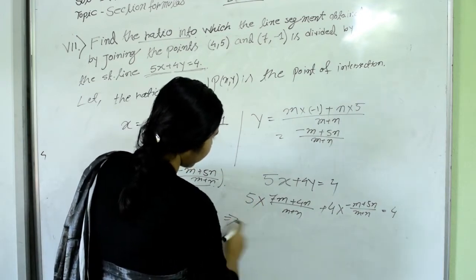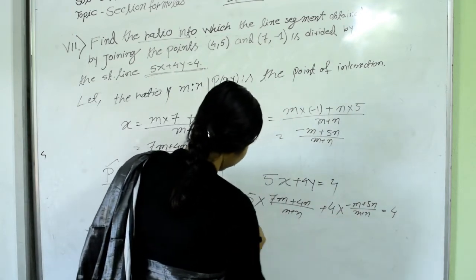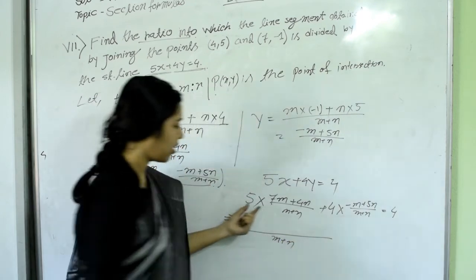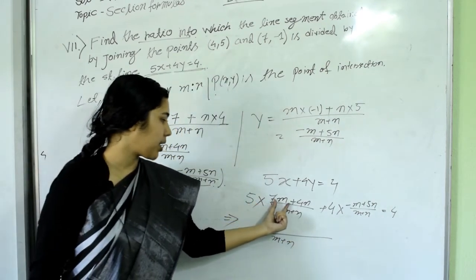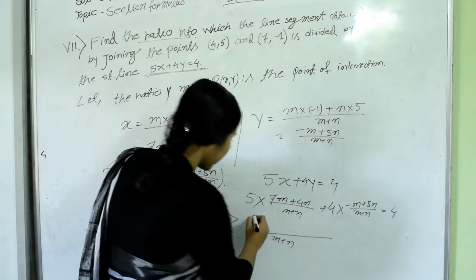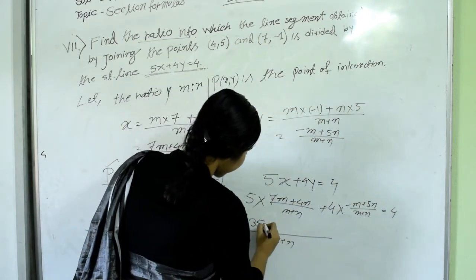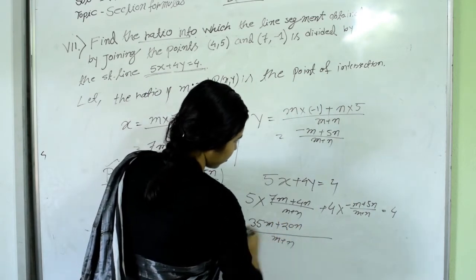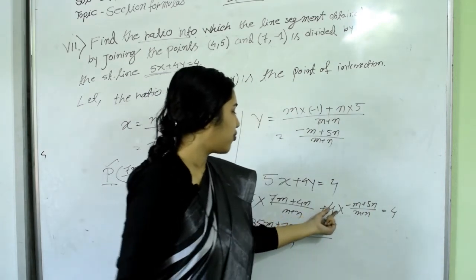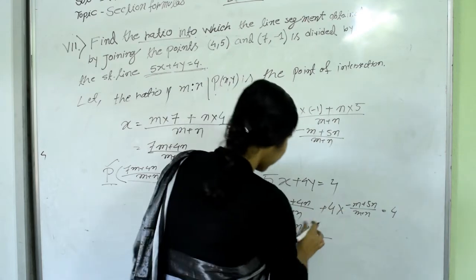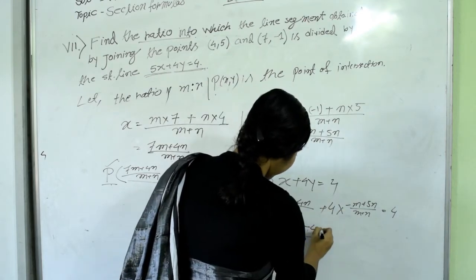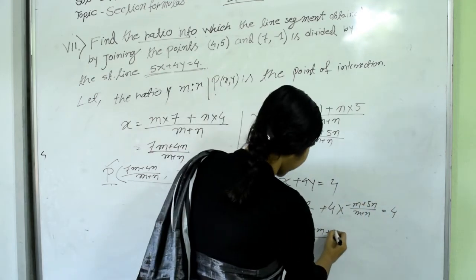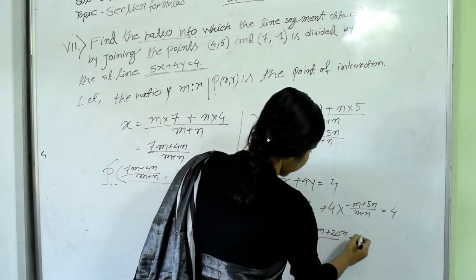Here we have m + n in the denominator, so multiply by m + n, and multiply 5 with 7m + 4n. So 5 7s are 35m plus 5 4s are 20n, plus 4 into -m is -4m, 4 into 5n is 20n, equals 4(m + n).